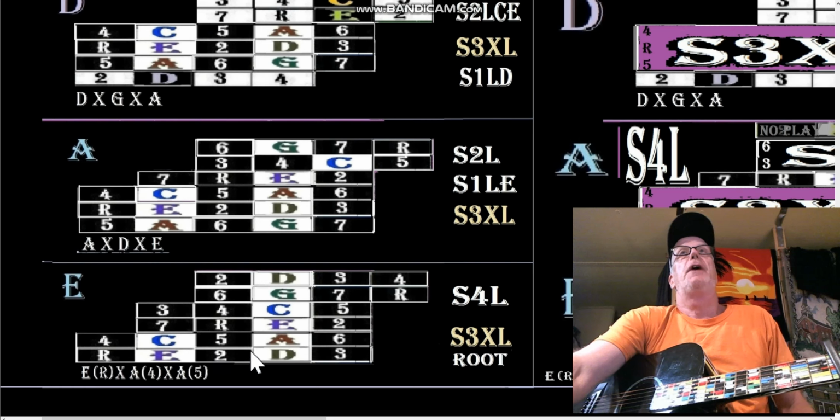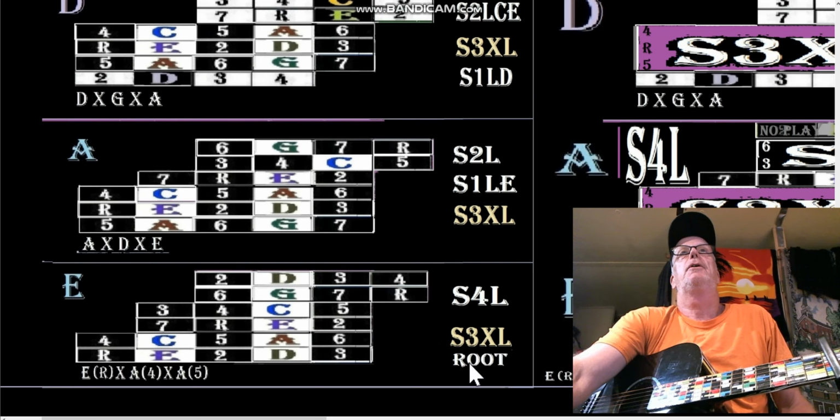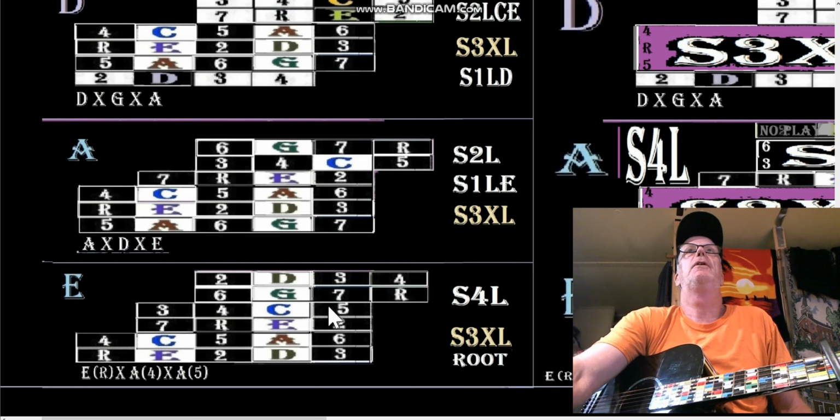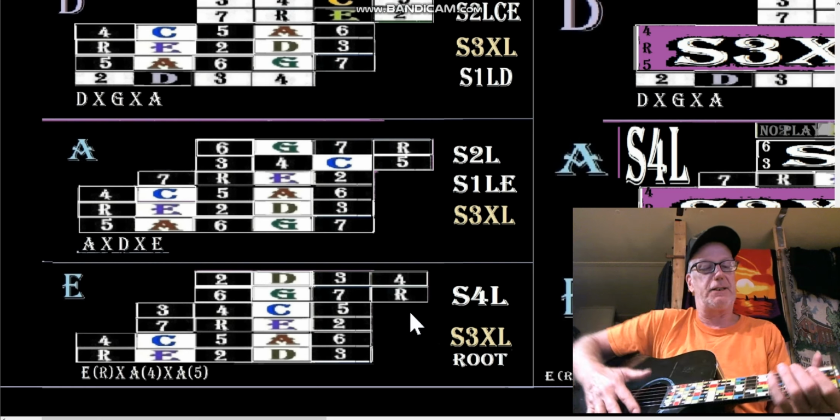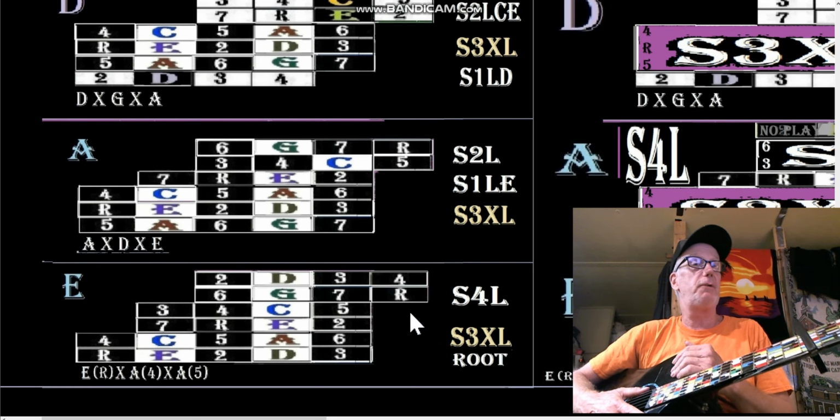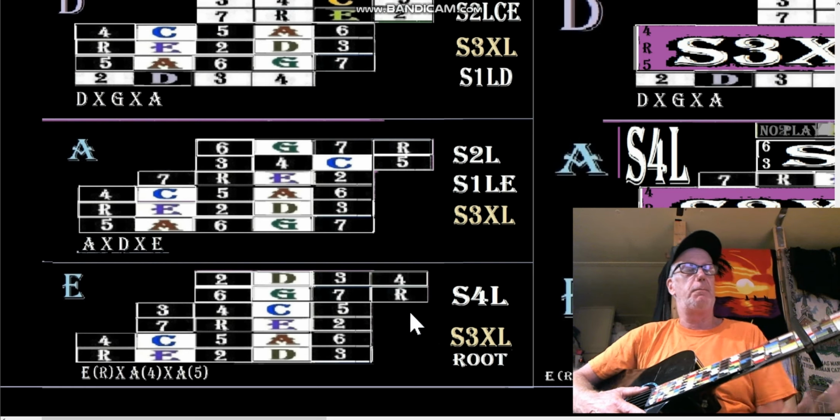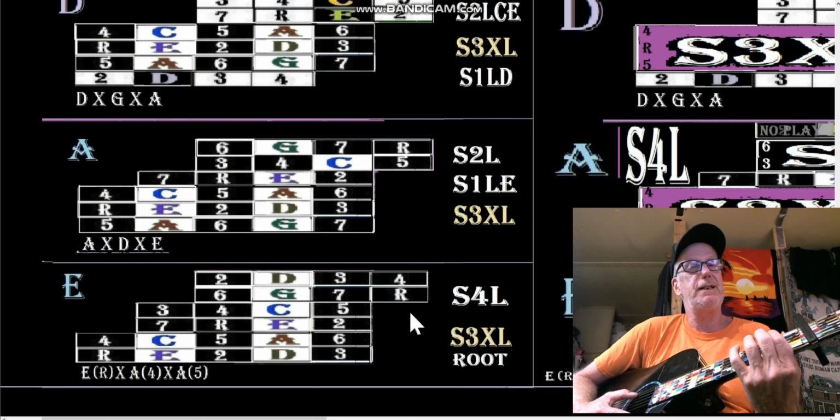So it's going to be the top part of an S3XL. We're going to call it S3XL root, and then we're going to just do an S4L on top. It fits perfectly. That's what I'm saying. The E gets us back and says, I know I was difficult during the barred pattern, so I'm going to be extra easy.